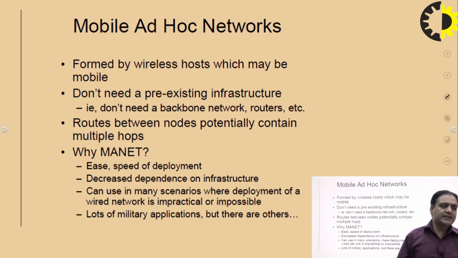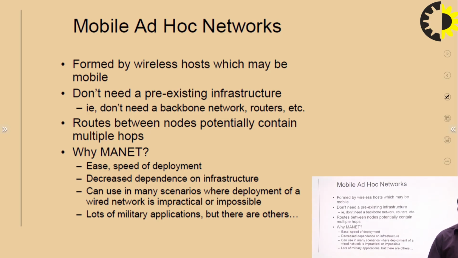Why MANET? Speed of deployment. Why are we using mobile ad hoc networks? Mobile means the cell phone which we are using in the networks, to ease the speed of deployment. Second, decreased dependencies on infrastructure: it can be used in many scenarios where deployment of a wide network is impractical or impossible.